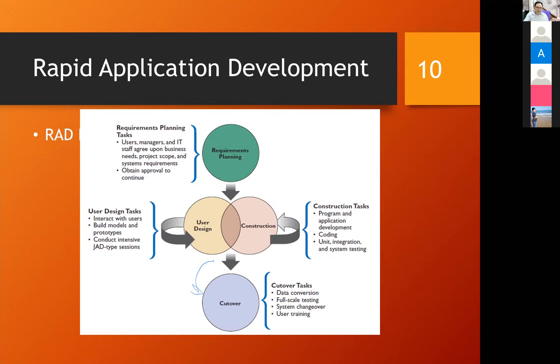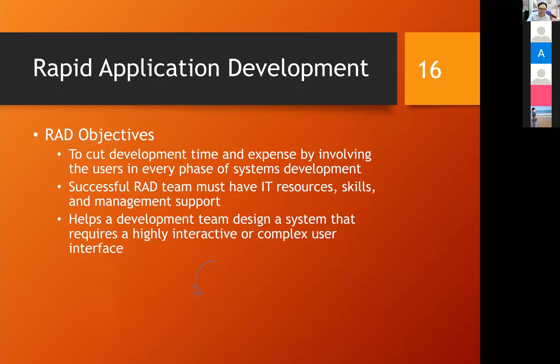After we have the RAD already, the objective of RAD is to cut development time and expense by involving users in every phase of system development. The reason why RAD can help cut development time is that the conventional way of developing is that you send all the requirements and software spec to the programmers. Then programmers develop the system and send it back to the users for testing.